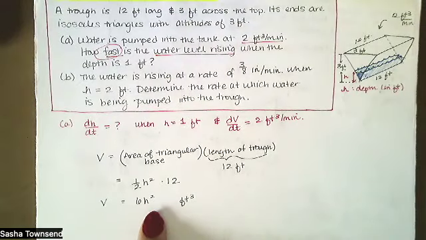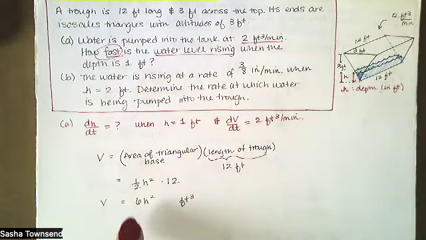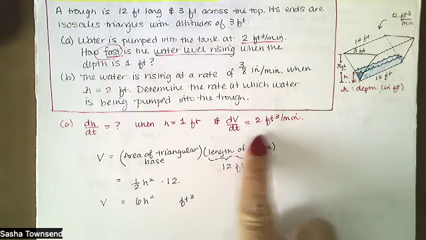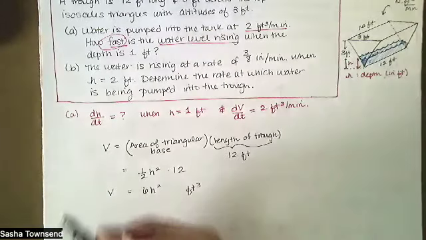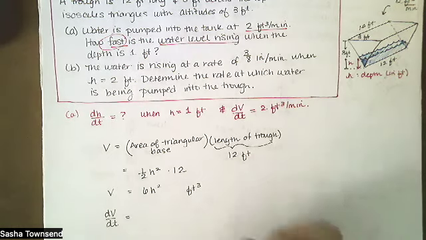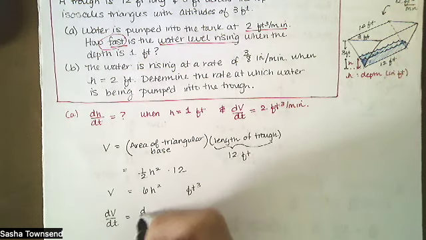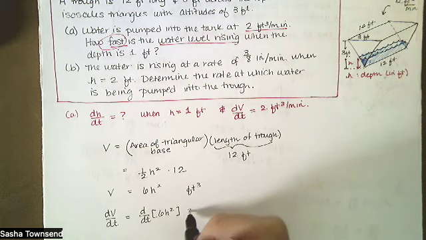Okay, so we know that volume and the height are related in this way. And we're asked, how fast is the water level rising when the depth is 1 foot? So we want dh/dt. It's easy enough to find dh/dt by just differentiating both sides of this with respect to time. dV/dt is the derivative of 6h squared with respect to time.